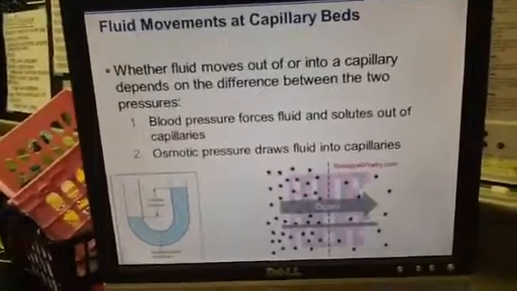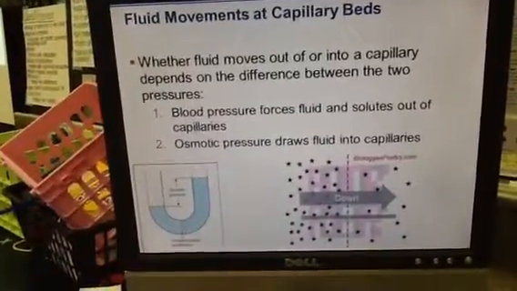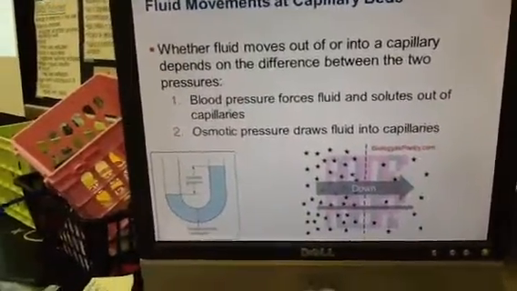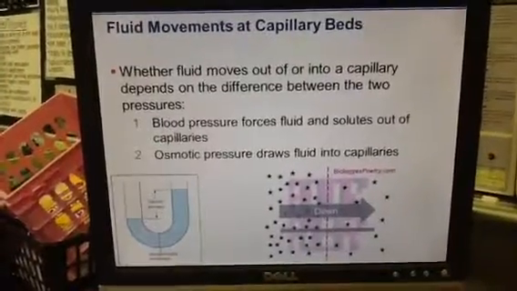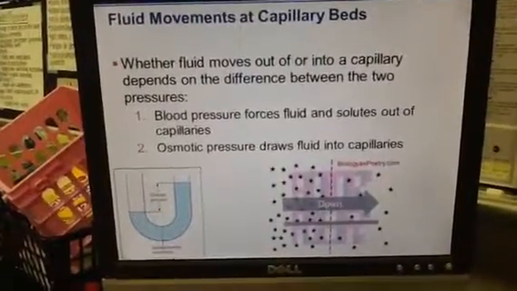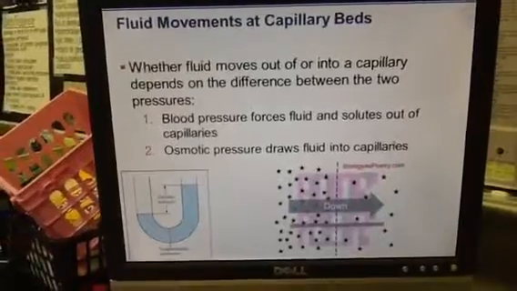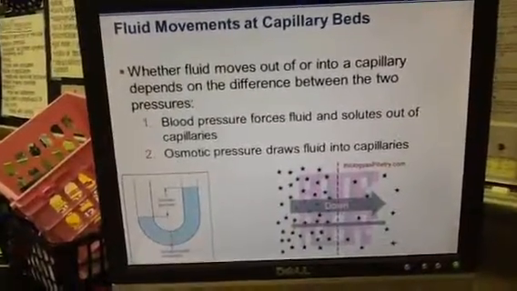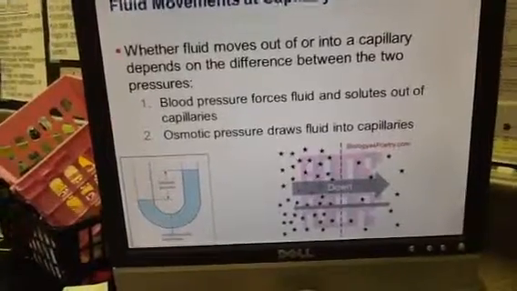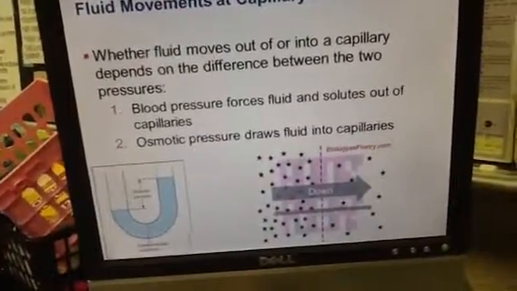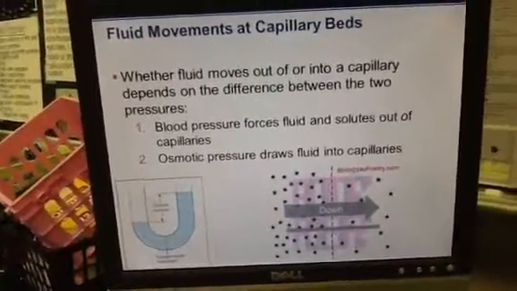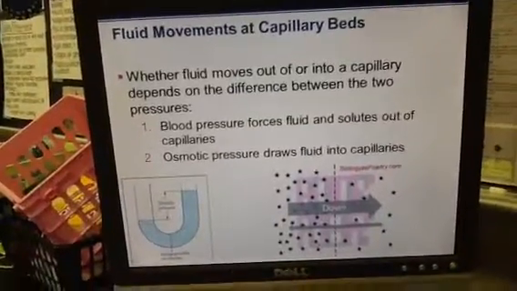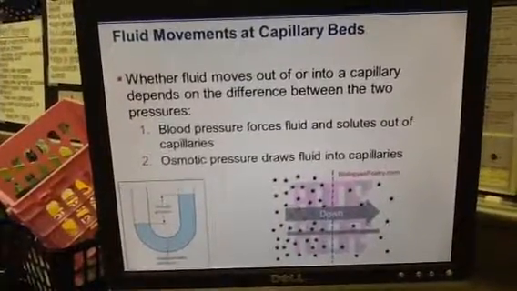Alright, so here's our fluid, how it's moving through our capillary beds. So depending on which way that fluid's moving, all relies on pressure, which is like your concentration gradient. So blood pressure is going to make fluid and solutes go out of the capillaries, whereas osmotic pressure is going to pull that fluid into the capillaries.